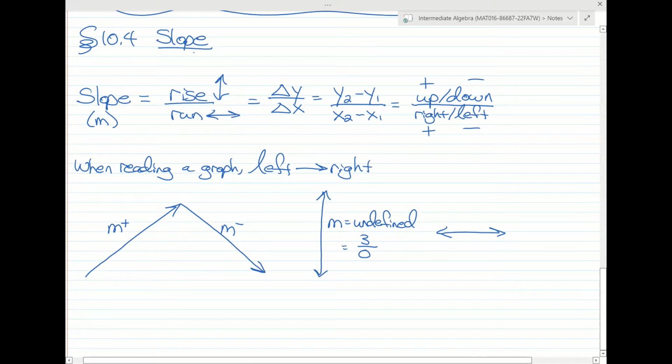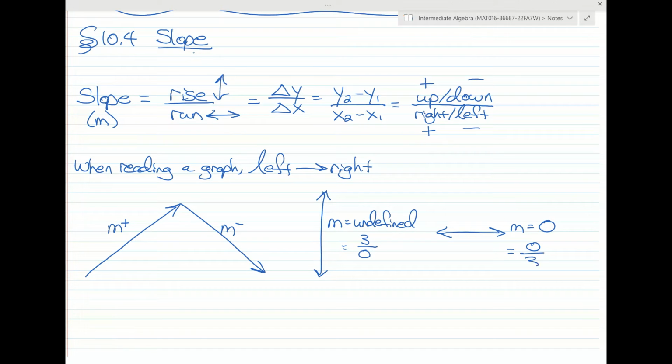And we get a horizontal line if the slope is 0. We get a slope of 0 if 0 is in the numerator. Right. Those are some basics of slope.